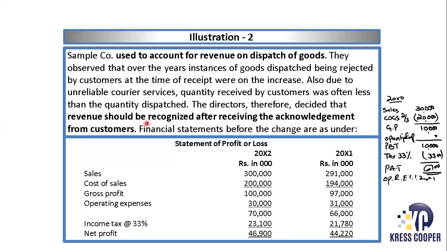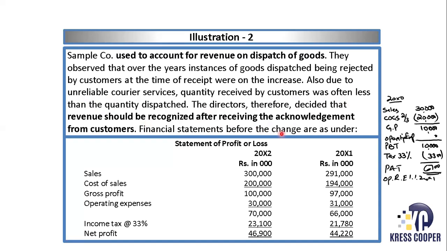Supposedly there is no standard that is addressing this issue. Supposedly I'm saying. So you will use your own judgment to make your accounting policy in this regard. So that accounting policy, as I told you, can be made internally. So that accounting policy is now changed. So change in this accounting policy will cause an impact in the sales revenue.